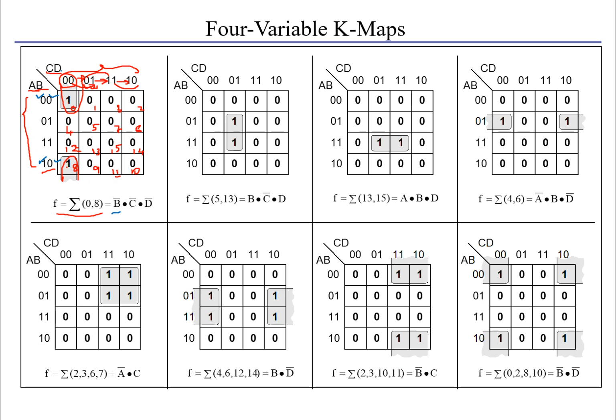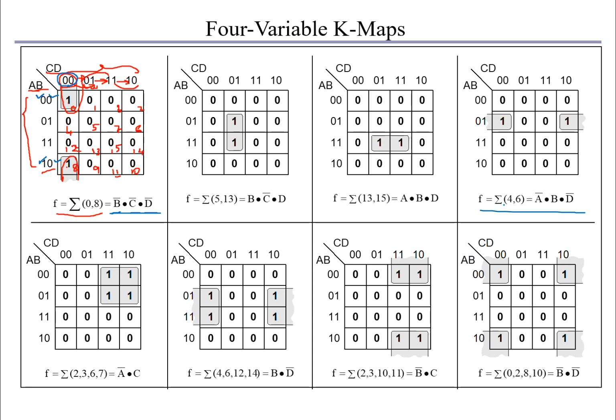And the other 2 variables, CD, are 0 0, hence we are writing C bar D bar. So now the simplified boolean expression for this function 0, 8 is B bar dot C bar dot D bar.